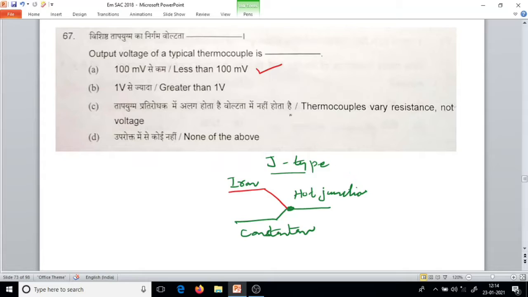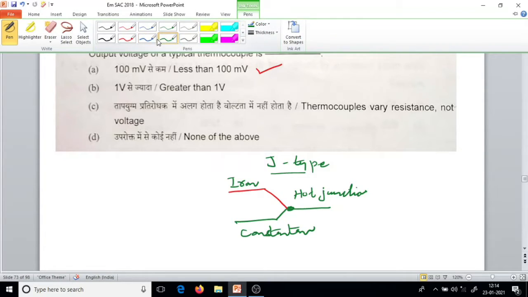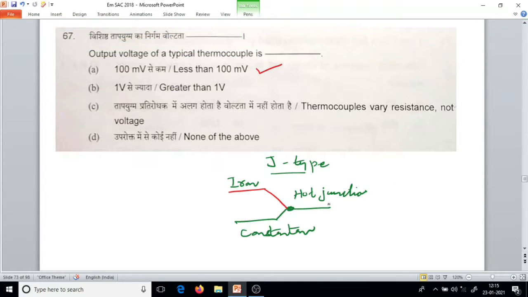One more property: thermocouples work on the Seebeck effect.